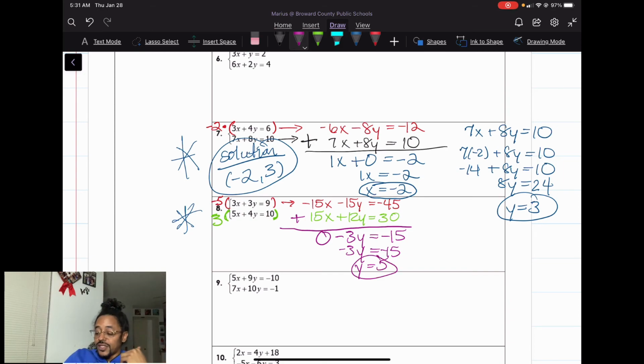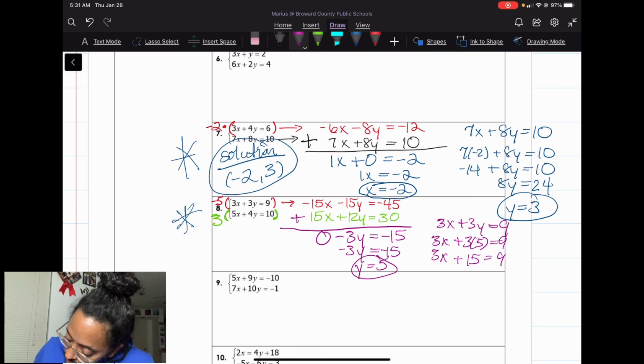Now we just plug that positive 5 into one of the equations. I'm gonna plug it into the first one. So the first equation says 3x plus 3y equals 9. So that's 3x plus 3 times 5 equals 9. That's 3x plus 15 equals 9.